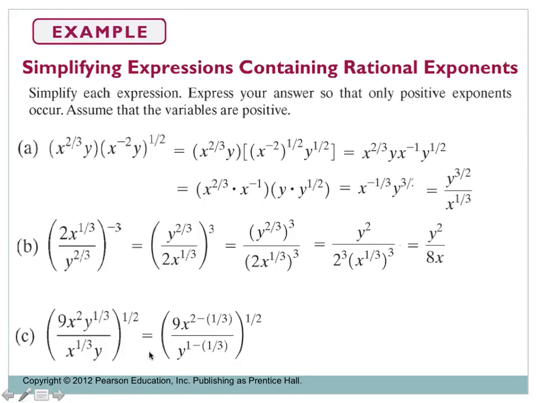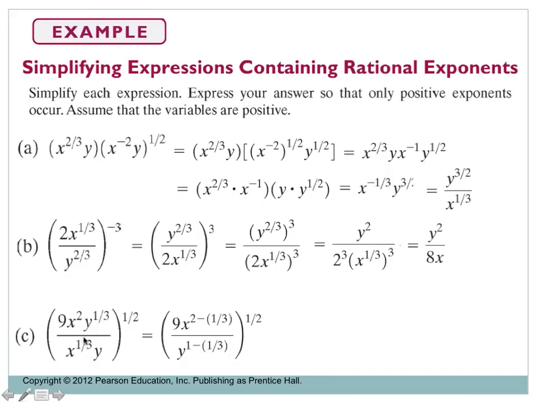All right, this down here, what we have is 9x squared times y to the 1/3 divided by x to the 1/3 y, which is all raised to the 1/2 power. So what we would like to do is go ahead and get all of our x's together, all of our y's together, and we want to keep them positive. So our x's, since the higher power is in the numerator, we're going to leave it up there.